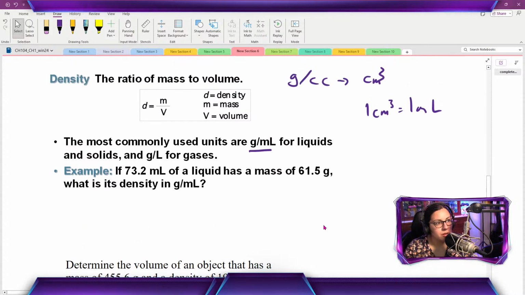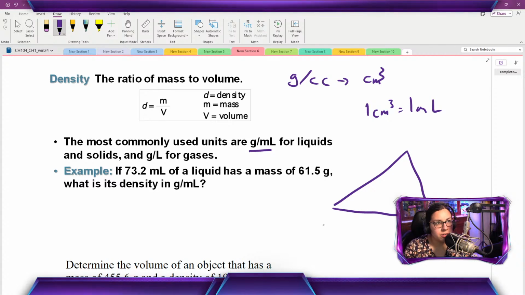Let's also go over, if you haven't seen the triangle trick before, now's a good time. We can rewrite it in this form: density equals mass over volume. With the triangle trick, you cover up whichever one you're solving for.